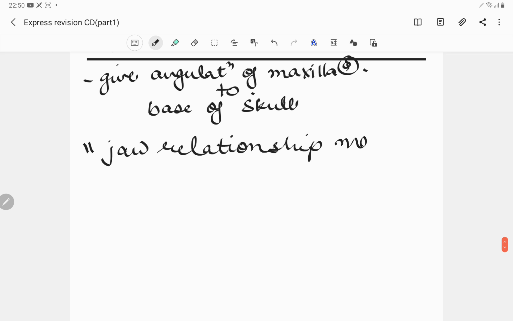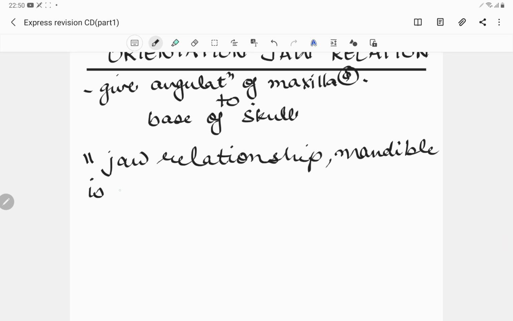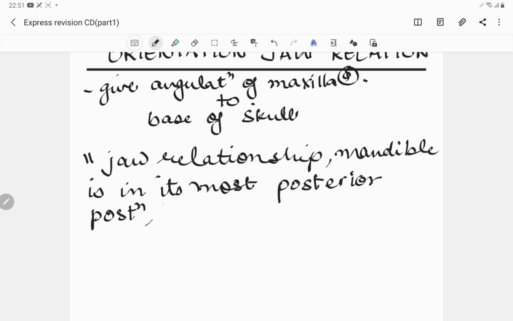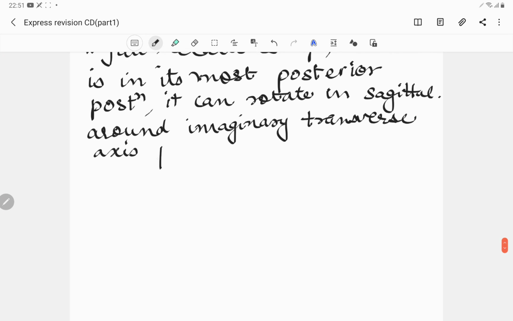when the mandible is in its most posterior position, it can rotate in the sagittal plane around the imaginary transverse axis passing through or near the condyle.